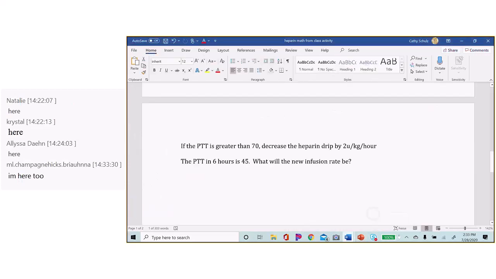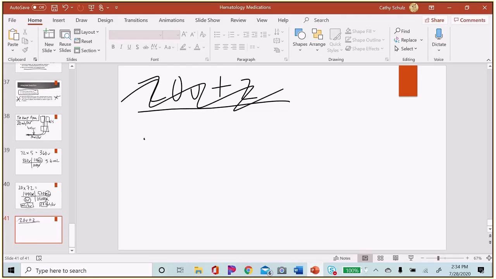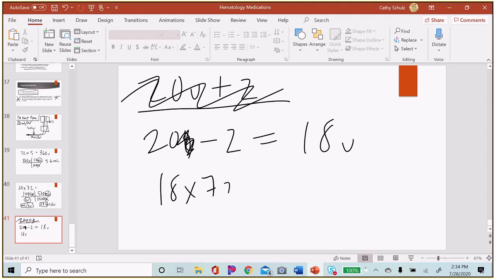Oh no, I totally lied there. We're decreasing. Sorry, my bad. 20 minus 2. Apparently I want to make an error really bad. So 18. Now I'm back to 18 times 72 to get the amount of units.